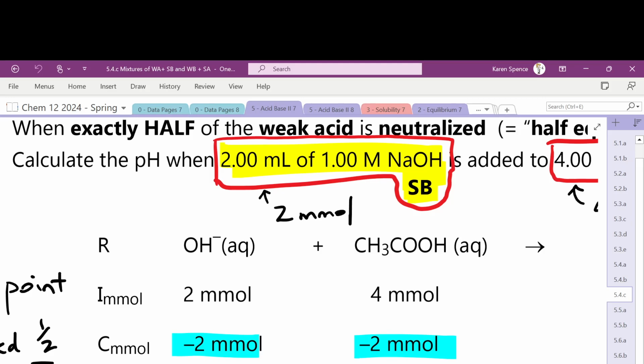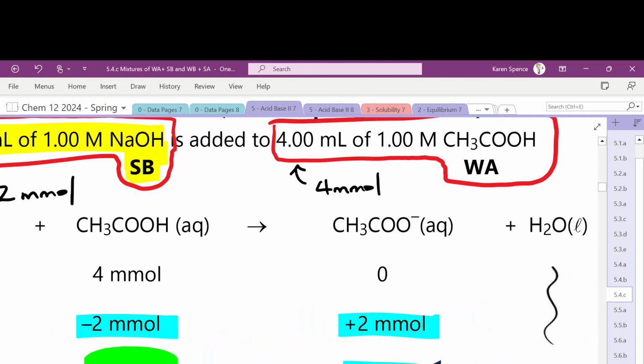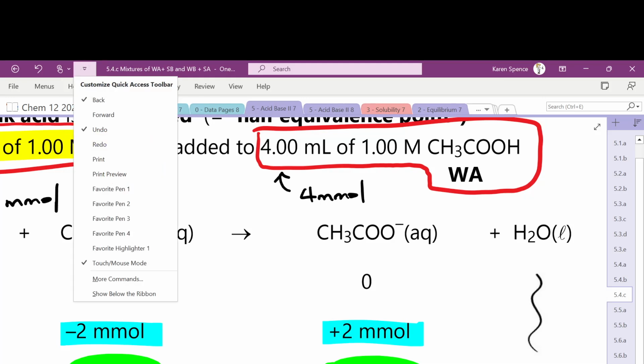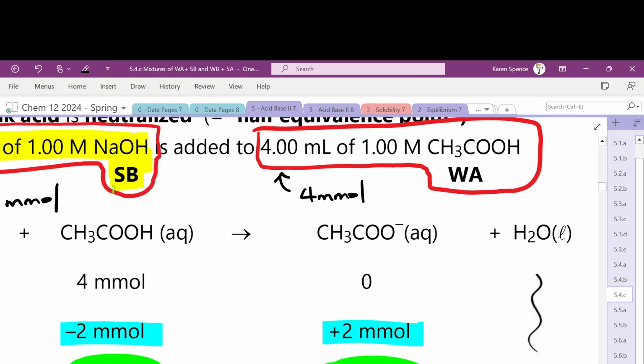the CH3COOH, right? So we have 2 millimoles of that. And then half of it has been turned into CH3COO minus, the conjugate base. So the moles of HA are equal to the moles of A minus, yes?